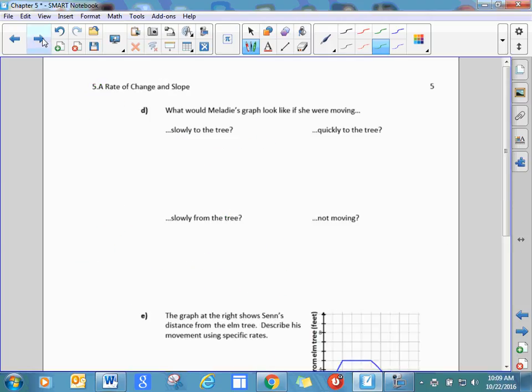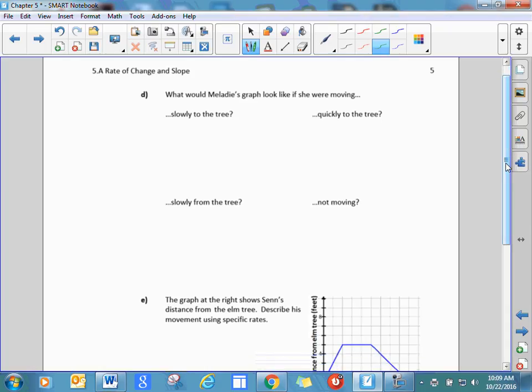Let's move to the next page real quick. So now we're still talking about these two fine bugs, and they're asking us to sketch a graph. So this has no coordinates, no numbers. This is just a sketch of a graph. What would it look like if Milady was moving slowly to the tree?